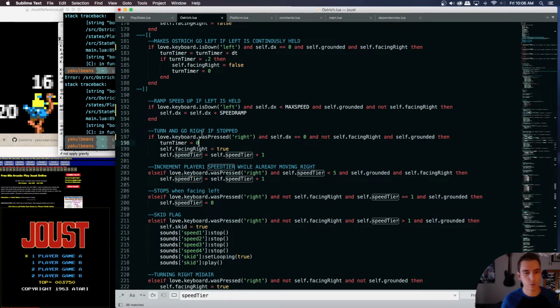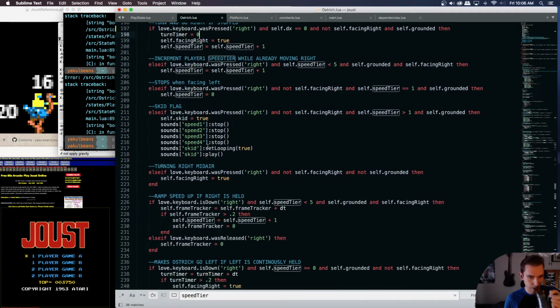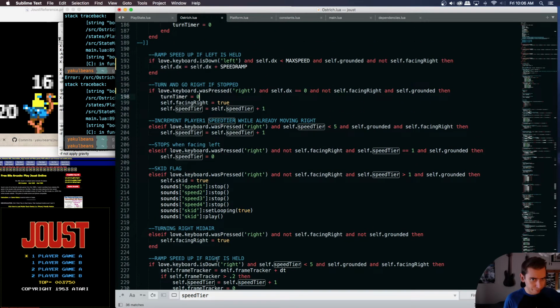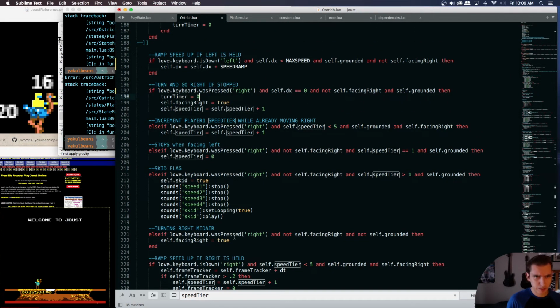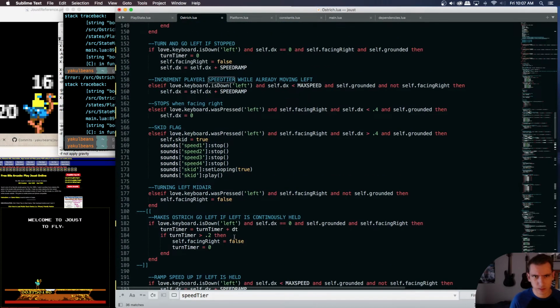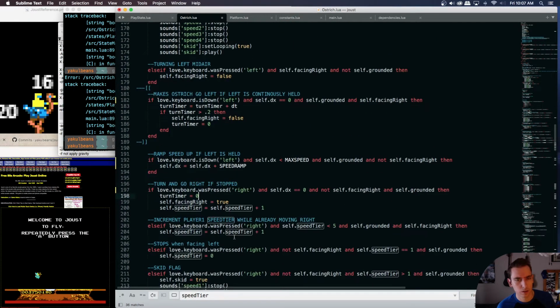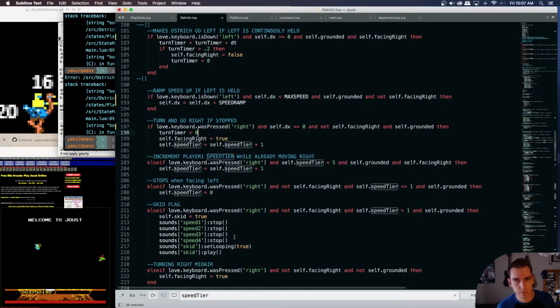Why? Oh, we're setting turn timer equal to 0 here. But we have turn timer. Did I have turn timer set to 0 on the left inputs? I did. Okay.